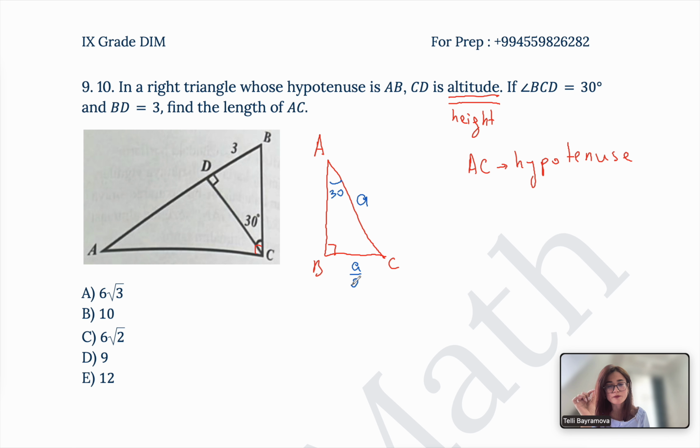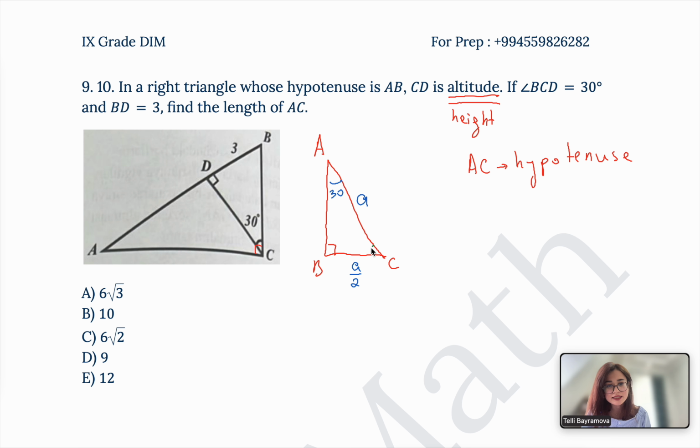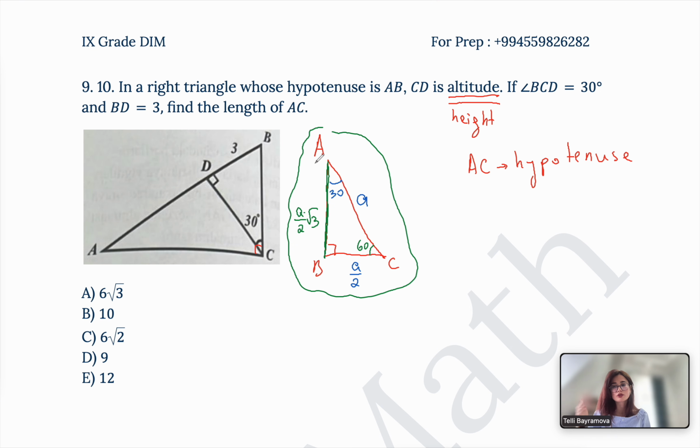What is it? A over 2. The side which is opposite to 60 degrees, opposite AB, right? AB is half of the hypotenuse times root 3. A over 2 root 3. Learn this one. Then this question will just take you 2 or 3 seconds.